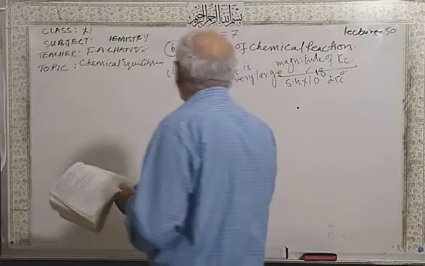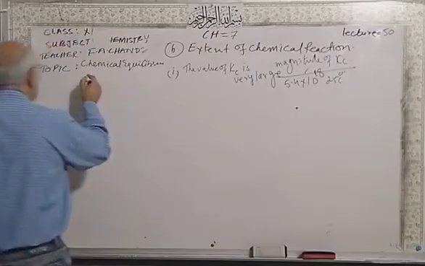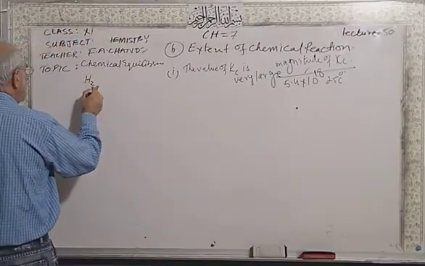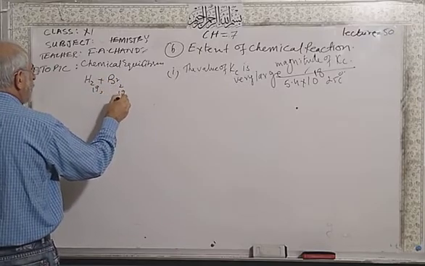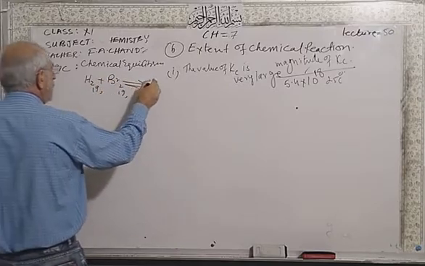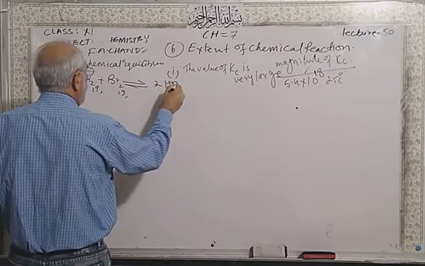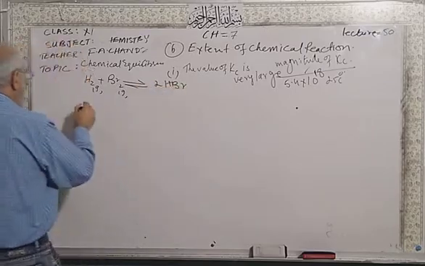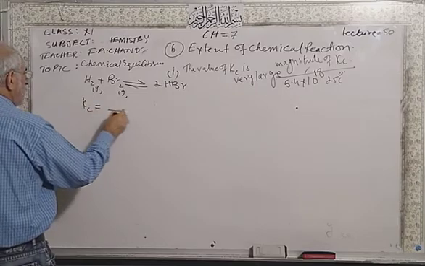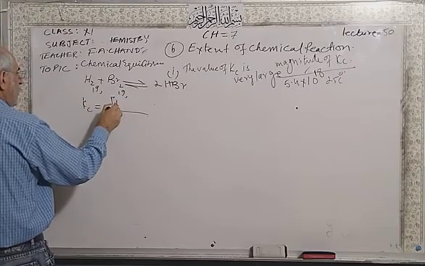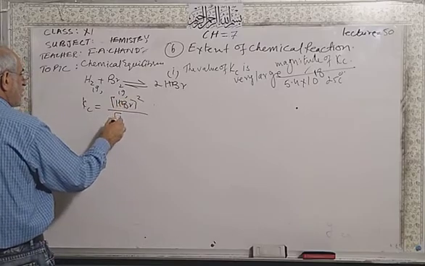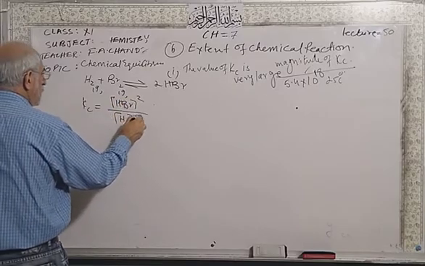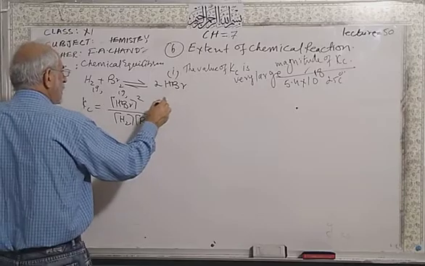Hydrogen in the gaseous state and bromine in the gaseous state give 2 moles of hydrogen bromide. Kc is equal to the concentration of the products divided by the concentration of the reactants.